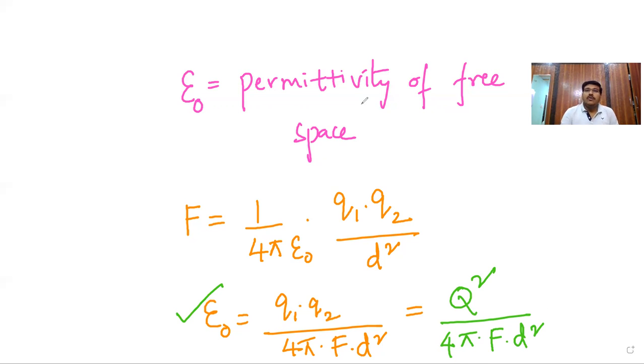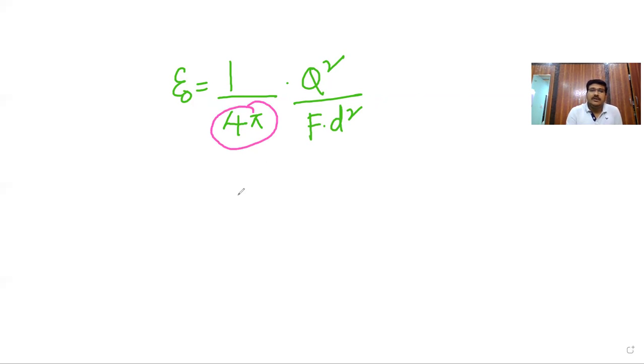Now, let us see that epsilon is equal to 1 by 4 pi into Q square by F into D square. Since 4 pi does not have any dimension, epsilon is equal to Q square by F into D square.